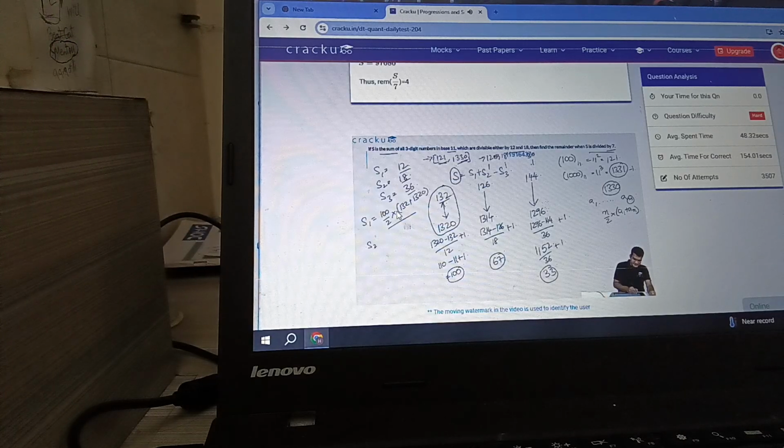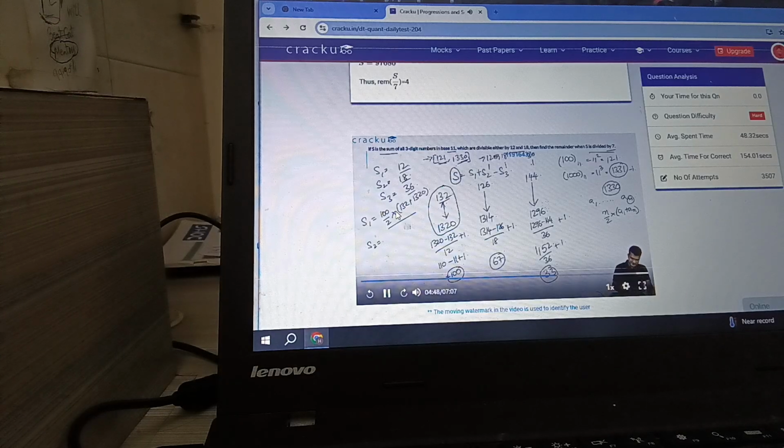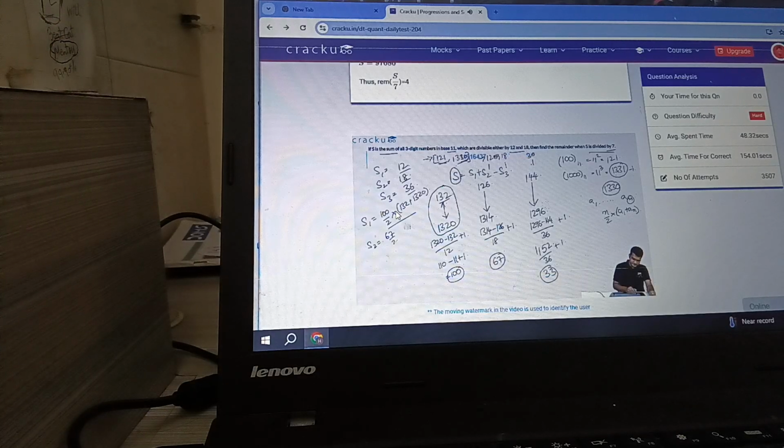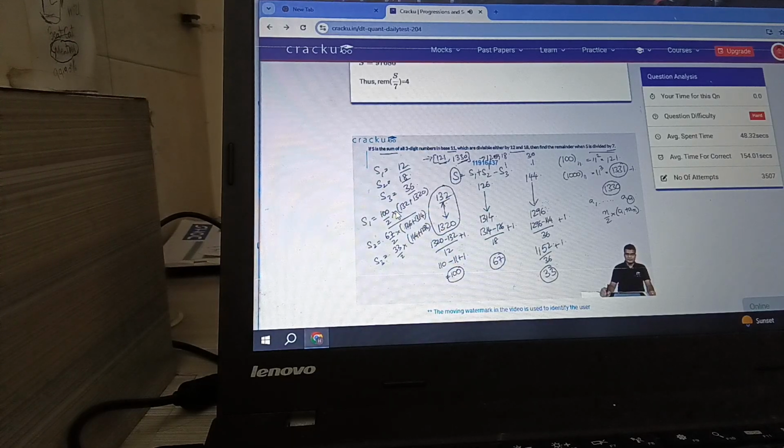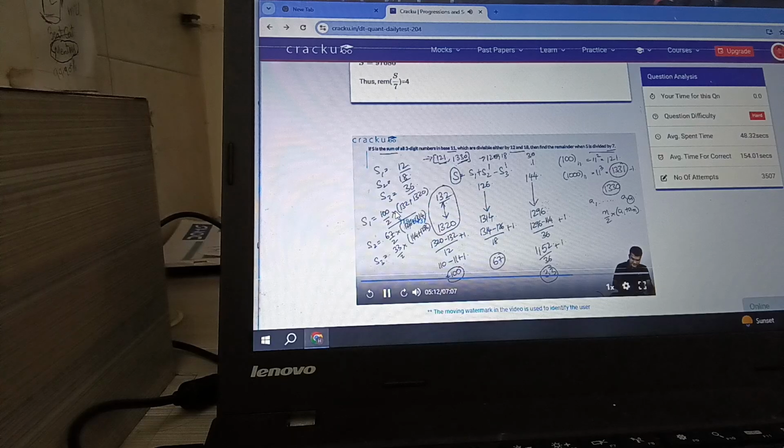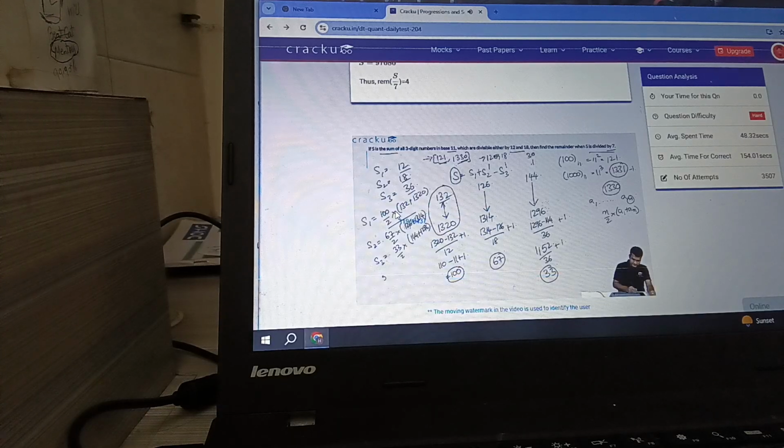So S2, which is the sum of all the multiples of 18, will be equal to 67 by 2 into (126 plus 1314). And S3 is equal to (144 plus 1296) into 33 by 2. So the value of S1 will be equal to 50 into (132 plus 1320).